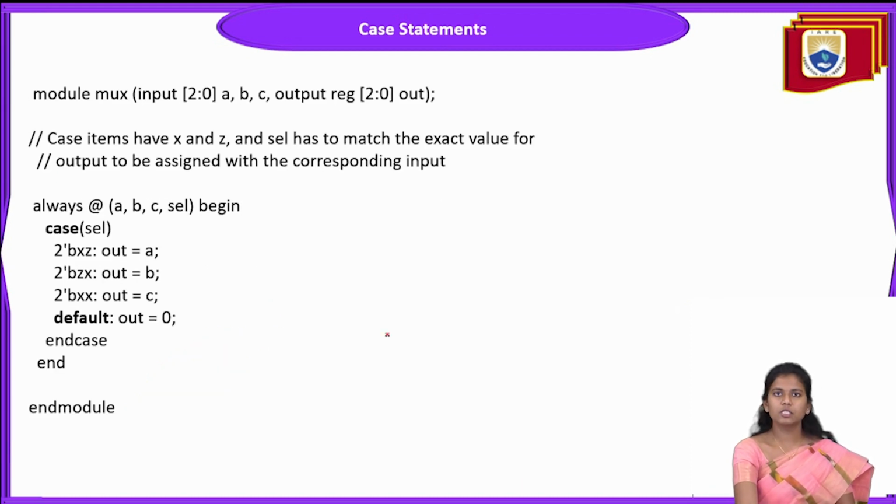So here, in this particular case statement, we will see the module multiplexer I am considering, with the input [2:0], a 3-bit input ABC, and output register [2:0], that is a 3-bit output. Now the case items have X and Z, and the selection has to match the exact value.